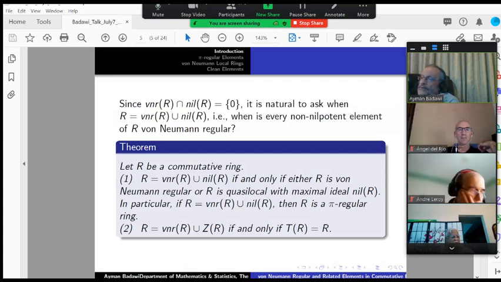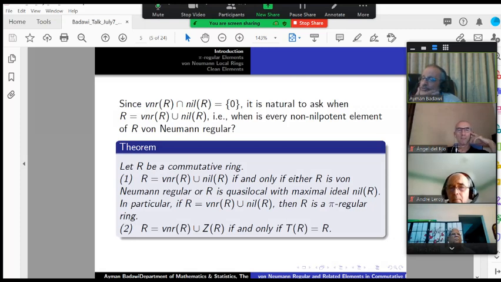R is the union of the von Neumann regular elements and the set of nilpotent elements if and only if either R is von Neumann regular or R is quasi-local. Quasi-local means it has exactly one maximal ideal.